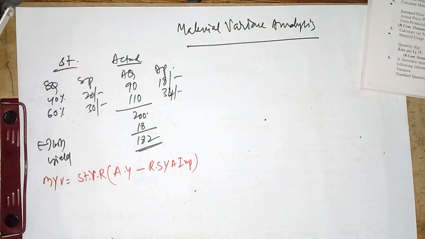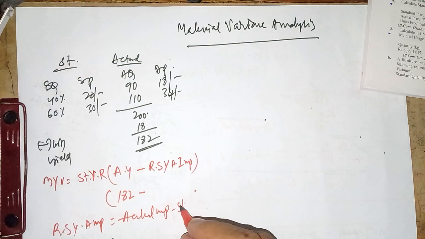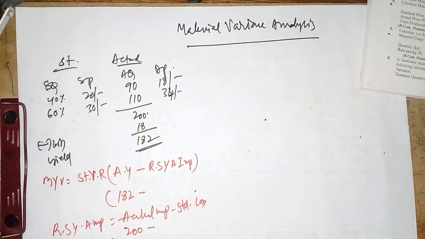Actual yield is 182. Revised standard yield for actual input is actual input minus standard loss: 200 minus 10%, that is equal to 180.